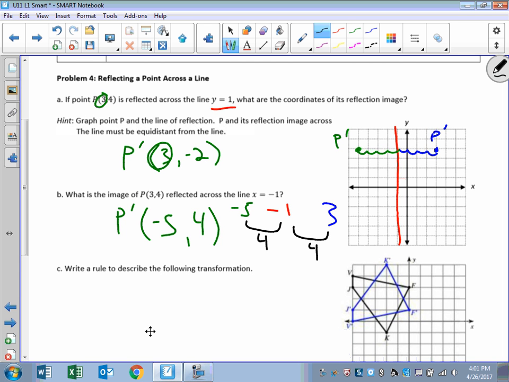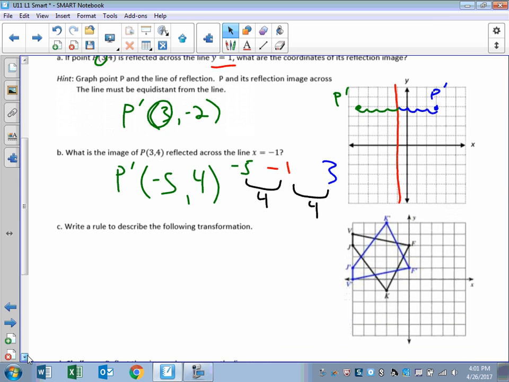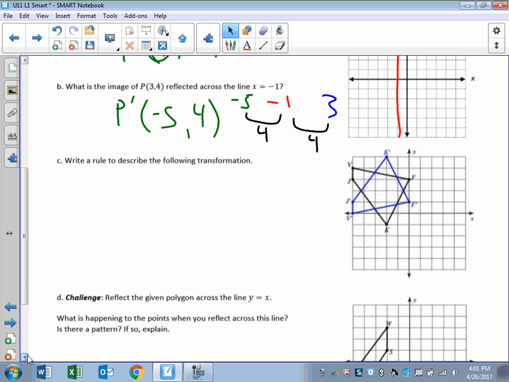Okay. Now, writing a rule to describe a transformation that's a reflection is a little bit tricky, but all you really have to do is identify one of the points that is both the pre-image and the image, or the original and the copy, and split the difference. So on this one, if we look at F and F prime, your eyes are clearly drawn to this line right here that is in the middle.